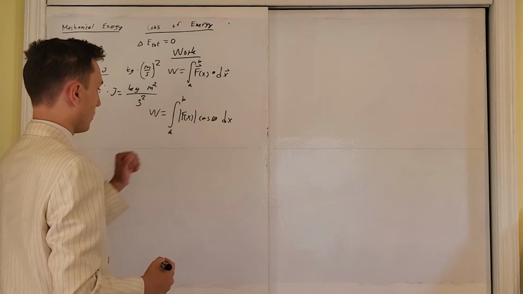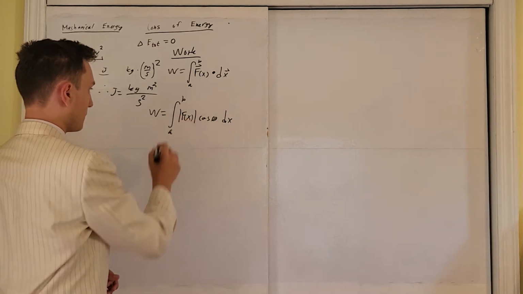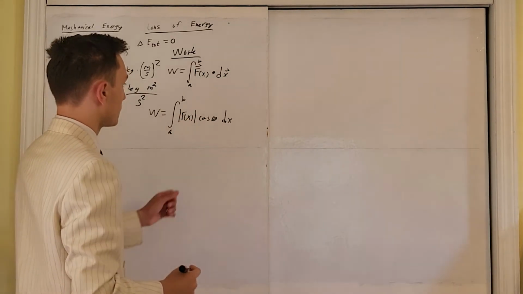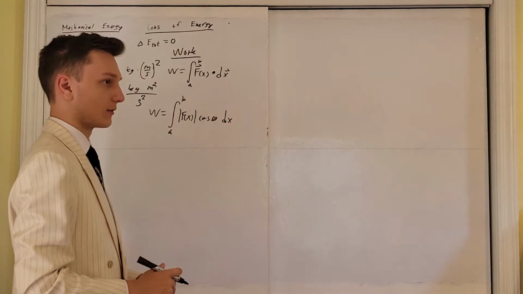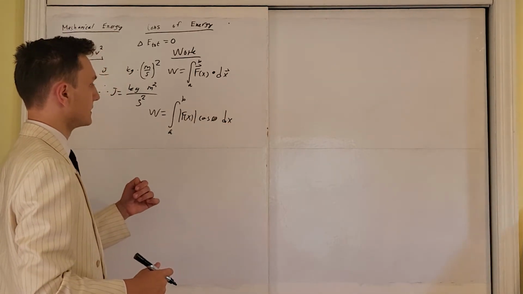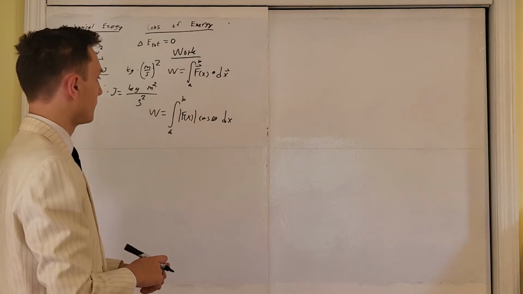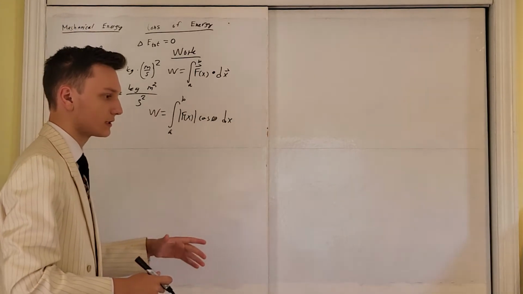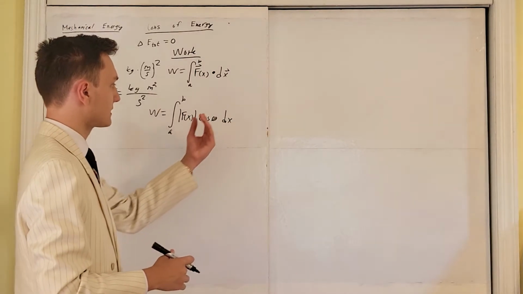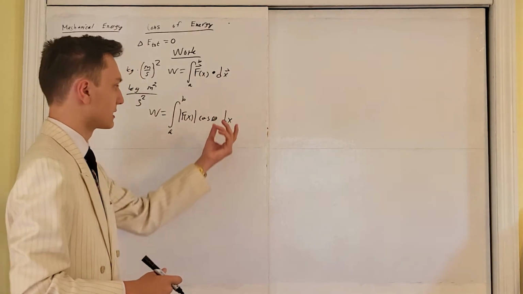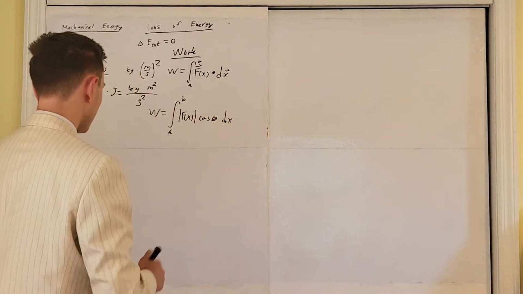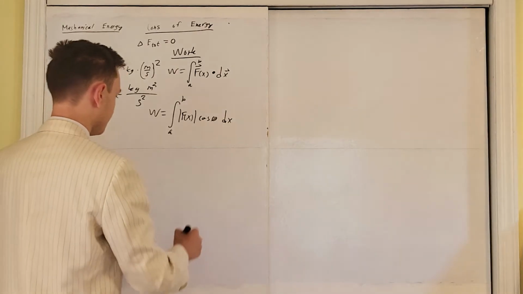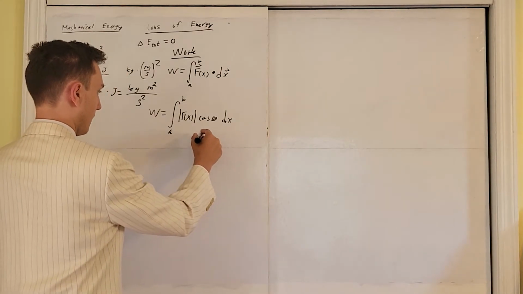It means that work is done when a force is acting through a distance, okay? And since this is the integral form, we are evaluating a changing force multiplied by its position or displacement differential, okay? So an example of that would be the rock example I just mentioned.